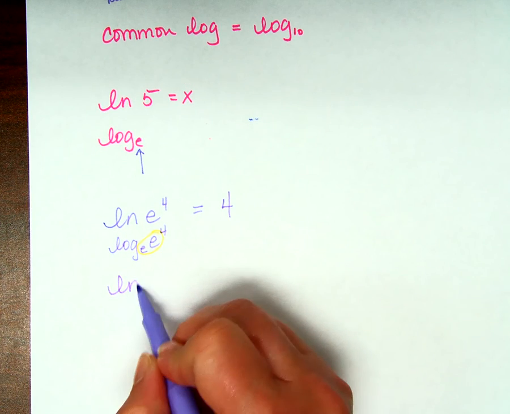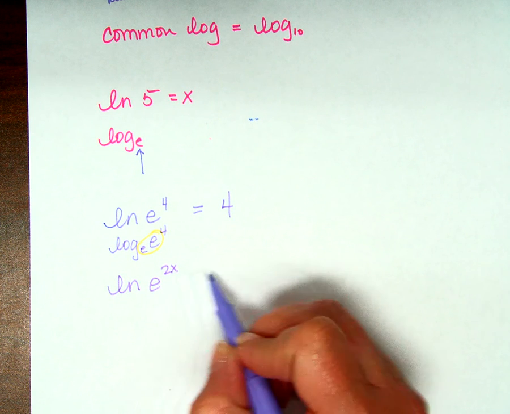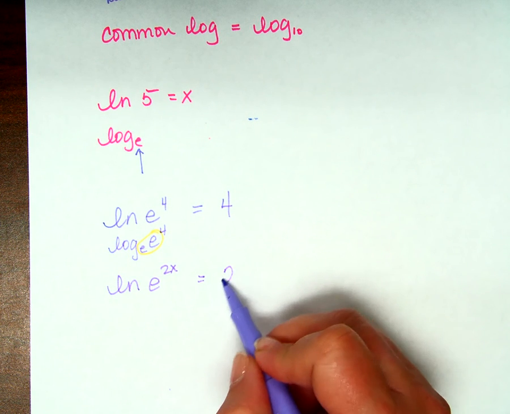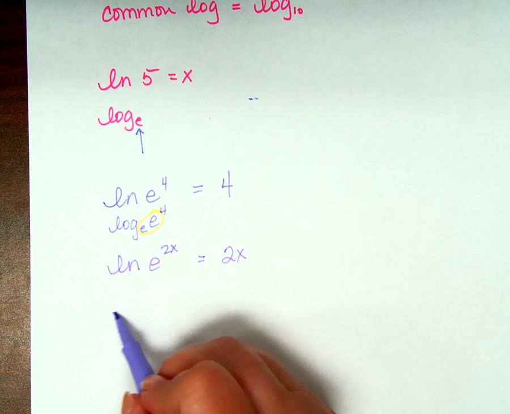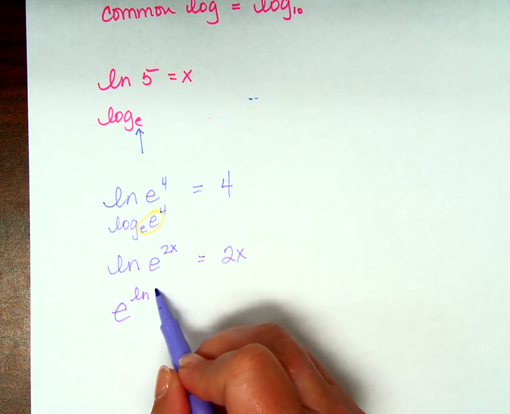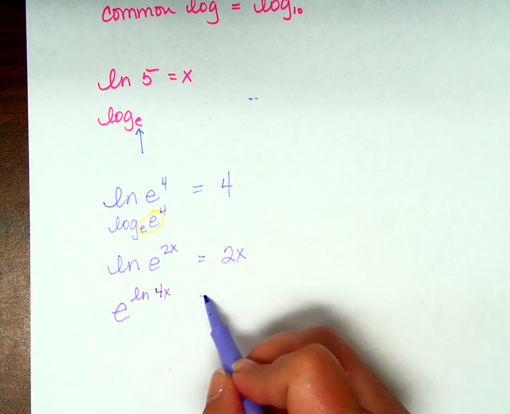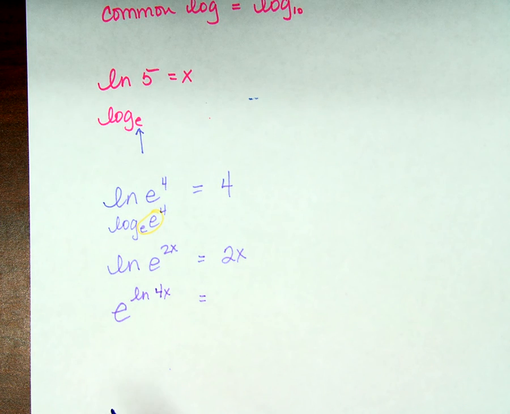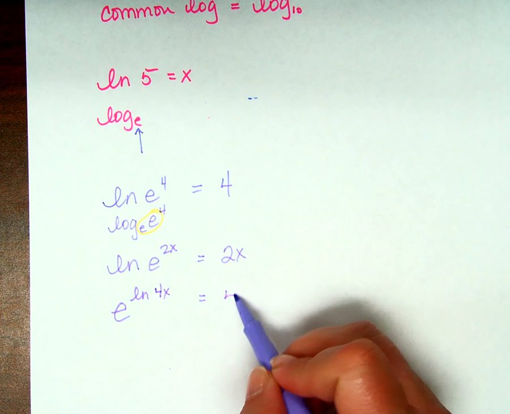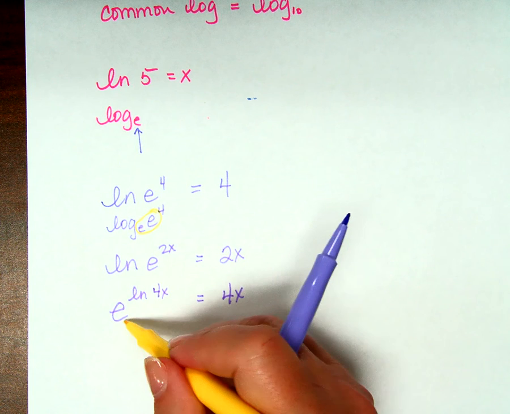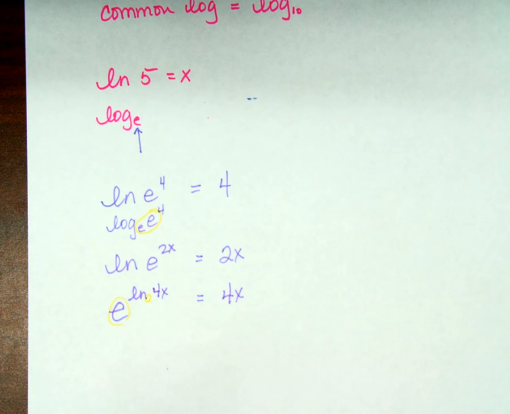So natural log of e to the 2x, what should that equal? 2x. Okay? Or even this, e to the natural log of 4x, what should that equal? That should equal 4x, right? Because the base and the base are the same. So the answer is what's left. The answer is in that exponent.